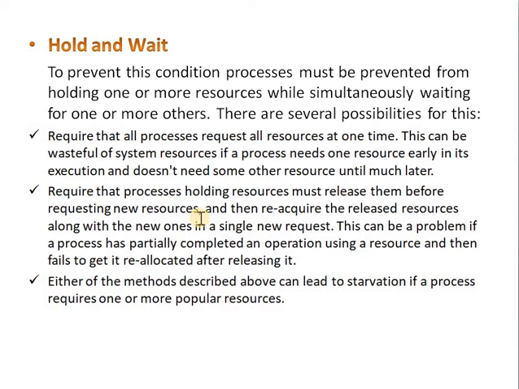Let's take one example. Imagine a process which needs to copy data from a DVD to a hard disk, sort those files on the disk, and take a printout of that data. According to our first protocol, this process will request a DVD drive, disk and printer, because there are three tasks.